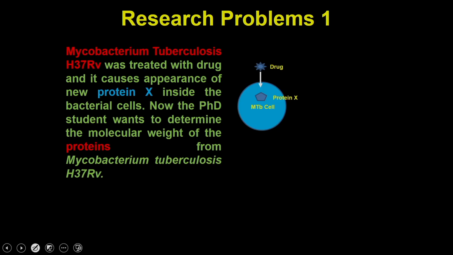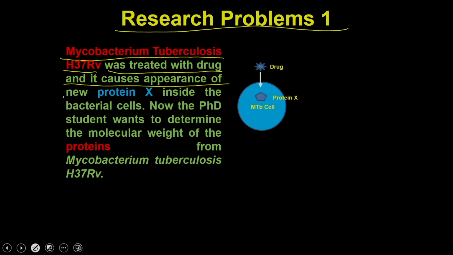So, our research problem 1 is where we have the question that Mycobacterium tuberculosis H37Rv was treated with a drug and it causes the appearance of a new protein X inside the bacterial cell.